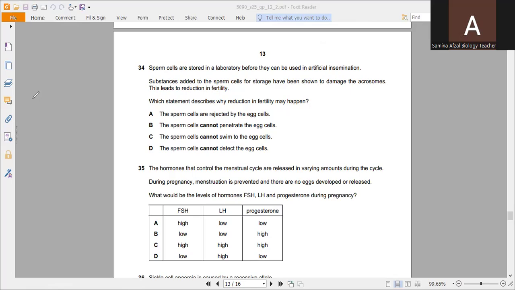If we make a diagram of a sperm cell, the acrosome is there.